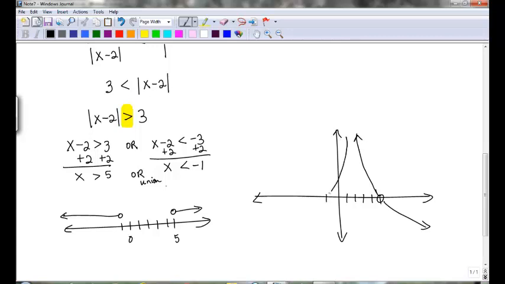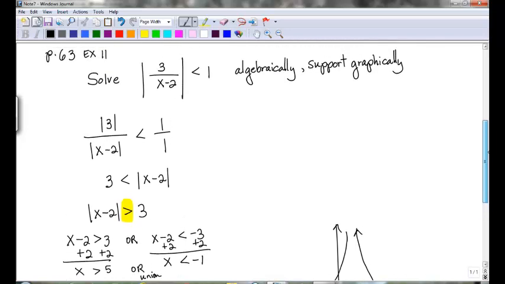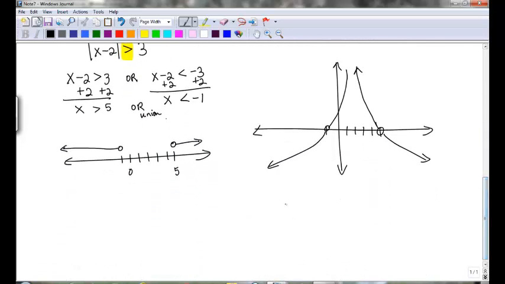And something like this, an open circle here. Okay. And you would say, where is that absolute value? You'd end up with the interval. Where is that absolute value less than 1? If you subtract it, it's where is it less than 0?